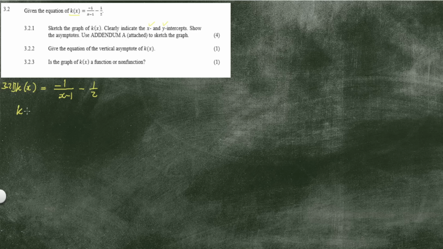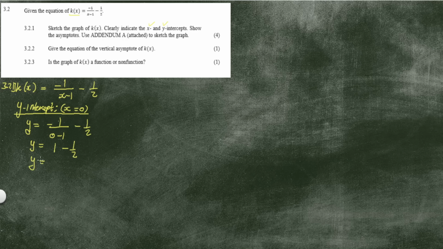Okay, so we're going to find the y-intercept first. Let x be 0 for this one. So we have y equal to minus 1 over 0 minus 1 minus a half. Y is equal to 1 minus half.